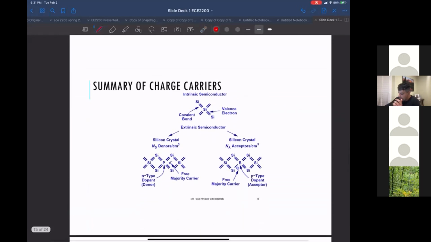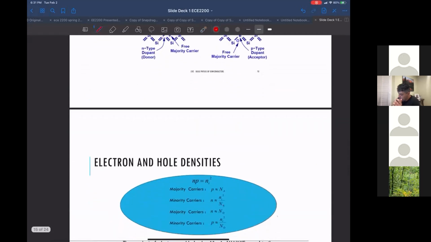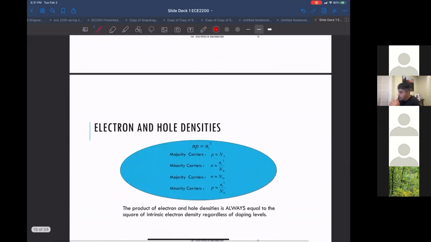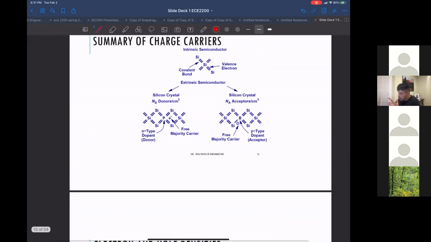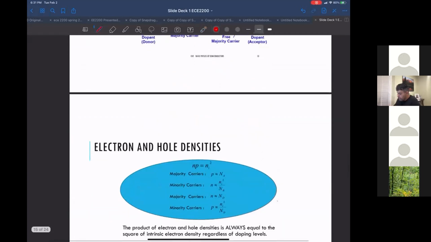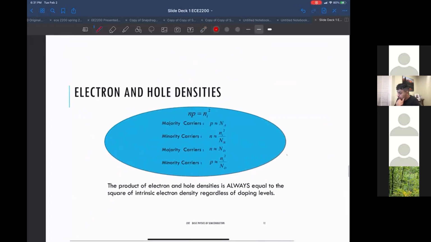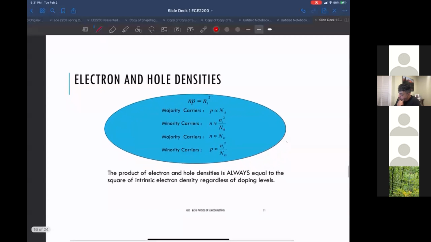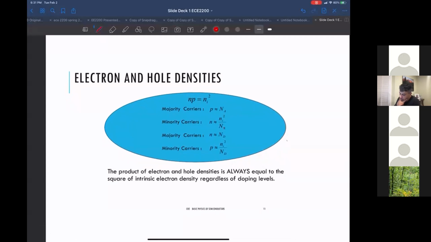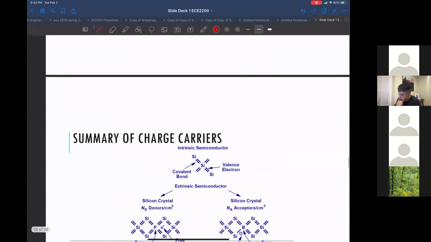Okay, so this is kind of summarizing what we just talked about. Basically, you can get more holes or more electrons. Another thing, a very, very important equation that we are not going to be proving in this class: n sub i we defined here.